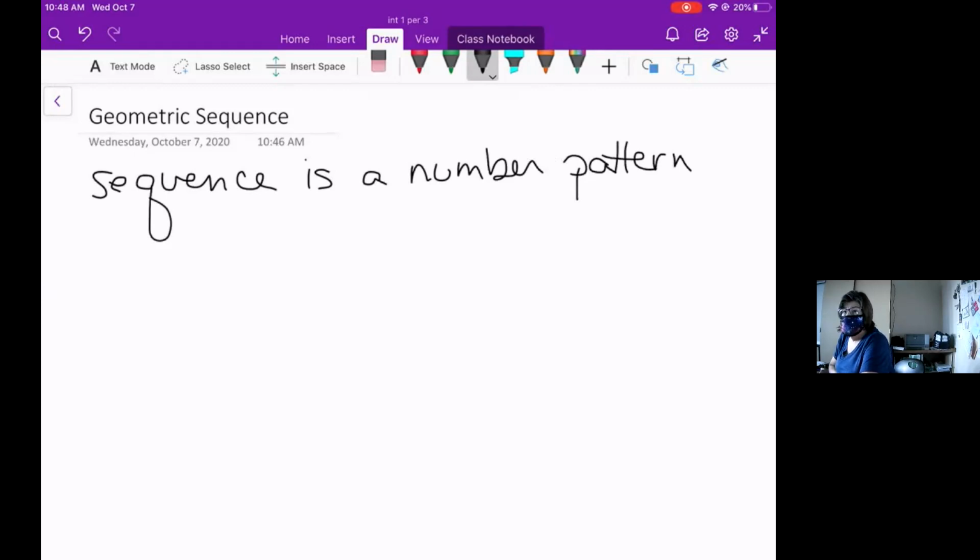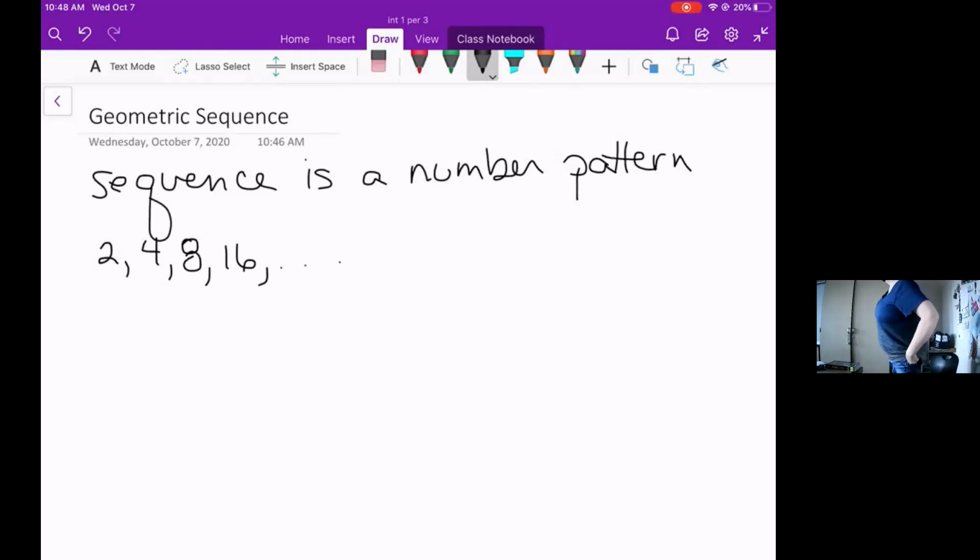But it's a special kind of number pattern. A geometric sequence is one that does this. That's a geometric sequence.